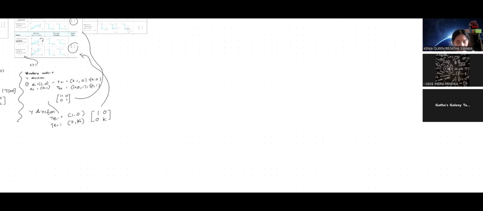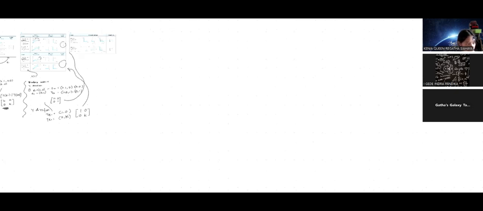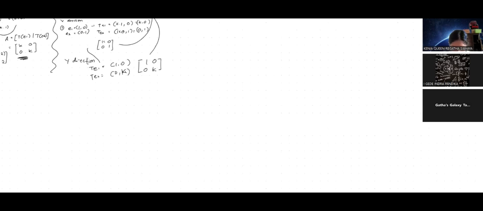Okay, so now let's do the practice question, which is from exercise 17A, page 200. Here we are asked to use matrix multiplication to find the compression of (-1, 2) in the x direction, with the factor k equals half.